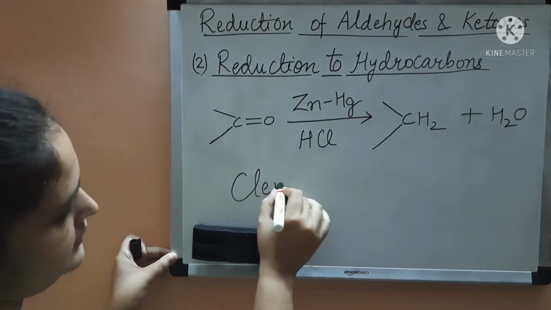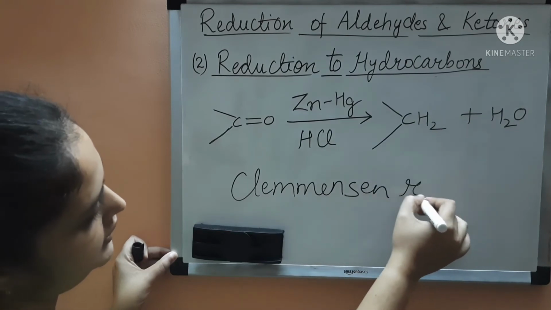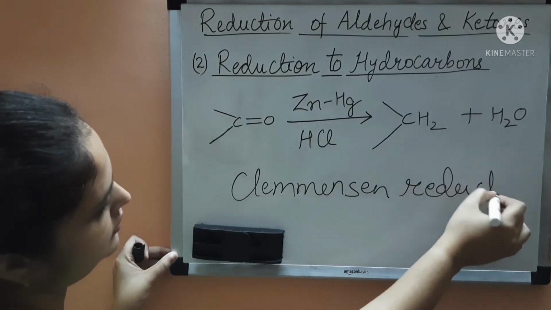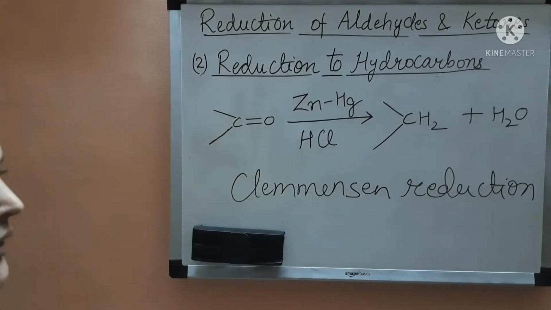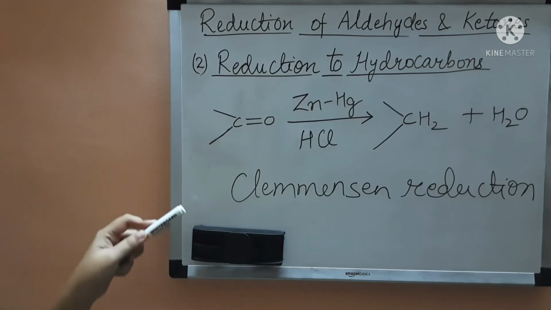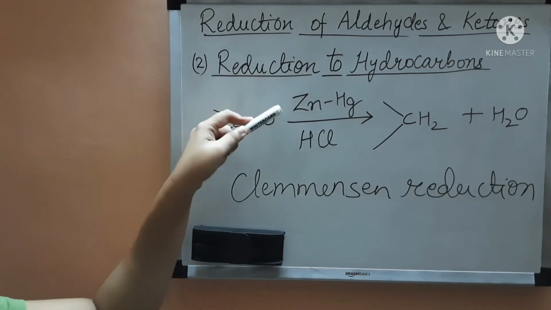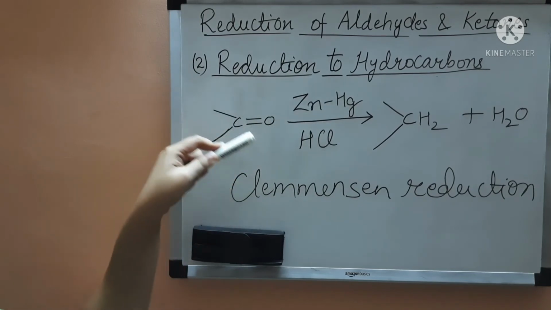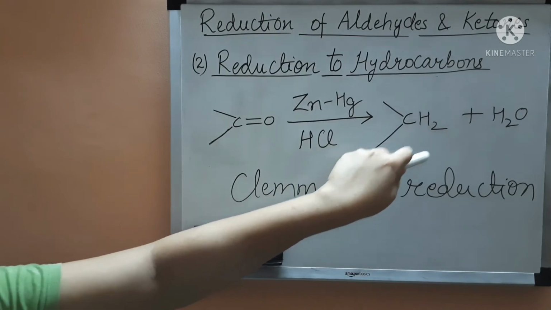So this is your Clemmensen reduction reaction. This is an important name reaction, in which to the aldehyde or ketone we add zinc amalgam in the presence of concentrated HCl to get the hydrocarbon and water.